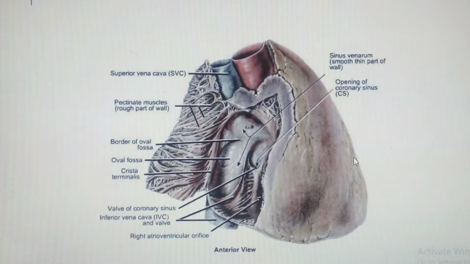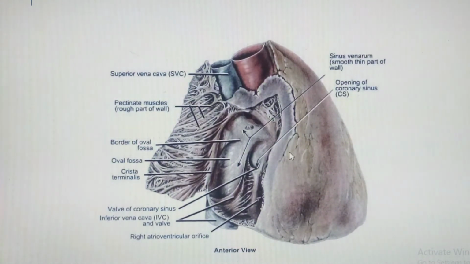So there we are again, just to show you a real-time section. This is the atrium. Once you can feel this area, this is the Crista Terminalis, which separates the anterior rough part, with the pectinate muscles, and the posterior smooth part, the sinus venarum.